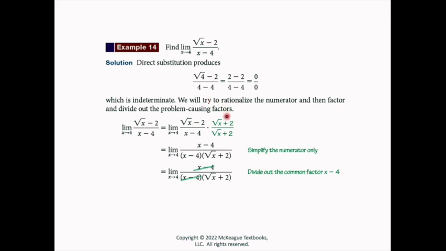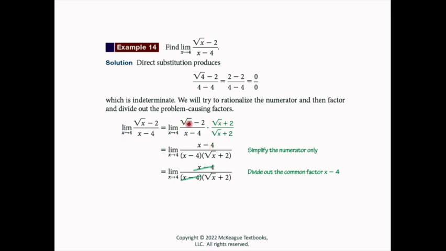That's the conjugate. And what's going to happen is that when you multiply it out and simplify, it works like the difference of squares, where the middle term is going to cancel because you're going to have the same exact thing when you multiply it out, but one's going to be plus and one's going to be minus. So all that you're left with is the first term squared and the last term squared.